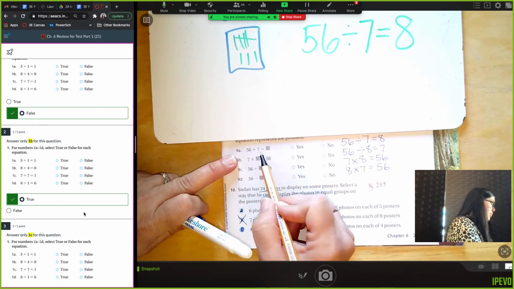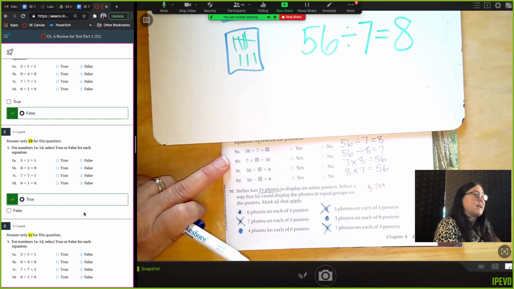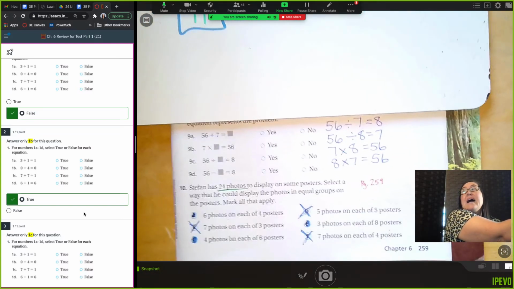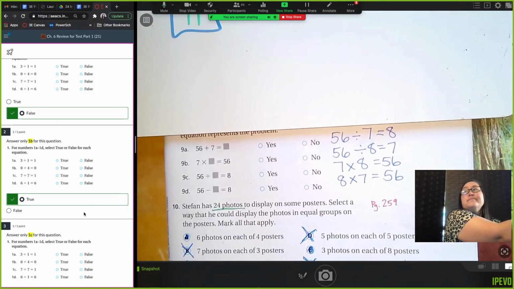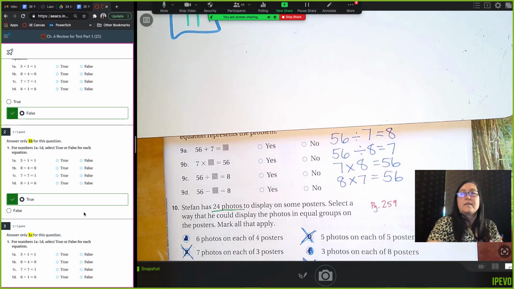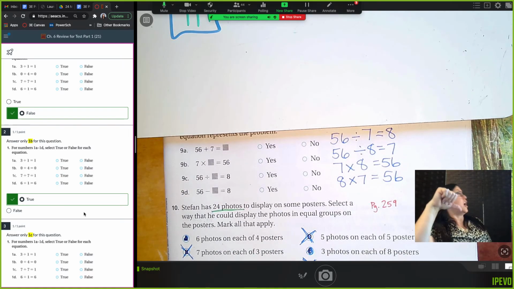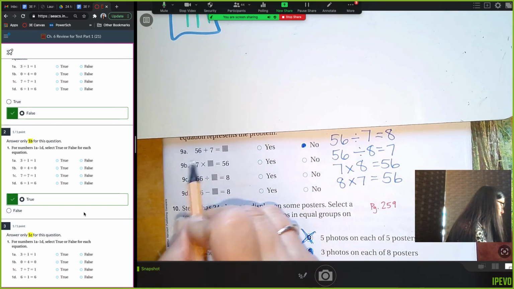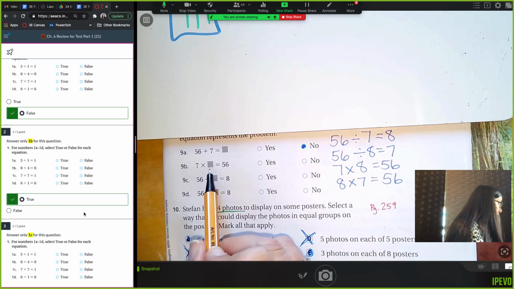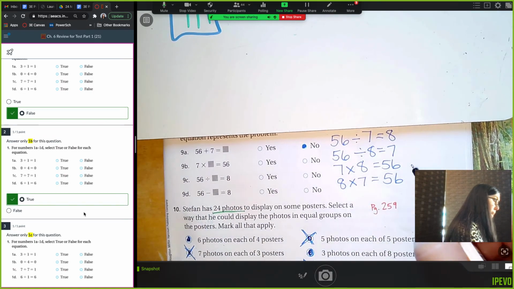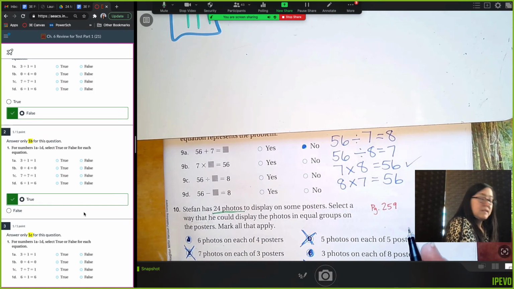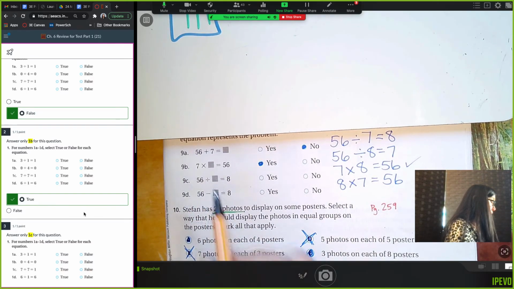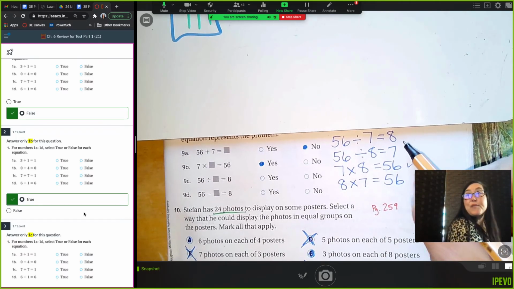Is 56 plus 7 connected to this problem? Are we adding those numbers together? Give me a thumbs up, or Gabriella, I see a hearty no. We are not adding 56 plus 7. What about 7 times something equals 56? Cha-ching! Yes, thumbs up. How about 56 divided by something equals 8? That was the first one we did, right?